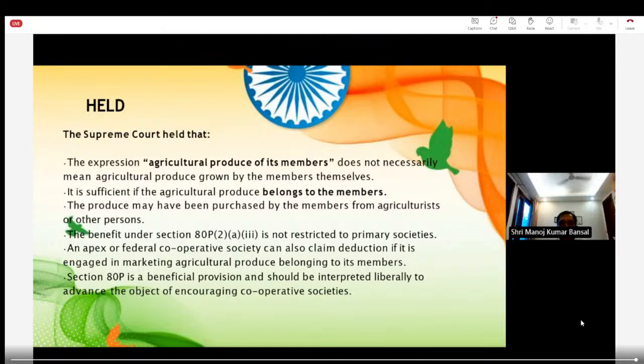The benefit under section ATP(2)(3) is not restricted to primary societies, and apex or federal cooperative societies can also claim deduction if engaged in marketing agriculture produce belonging to its members. Section ATP is a beneficial provision and should be interpreted liberally to advance the object of encouraging cooperative societies.